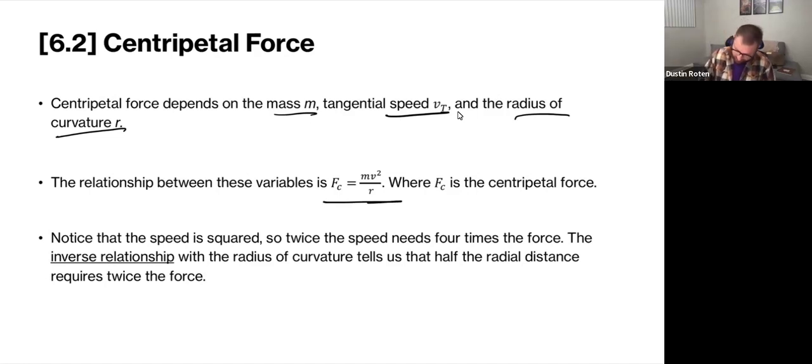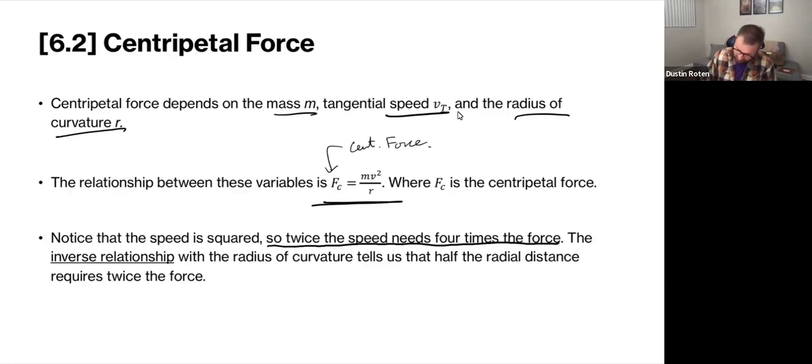So our centripetal force is essentially mv squared over r. Notice that the speed is squared. So if we want to double the speed, we need 4 times the force.